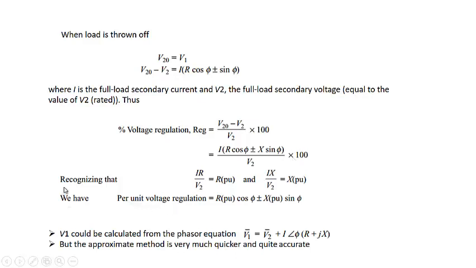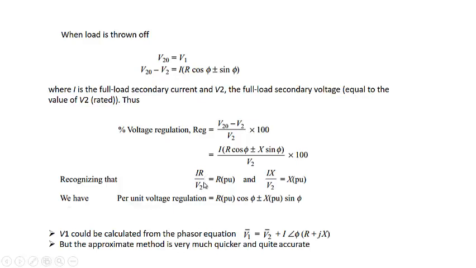In per unit, as we know, the R base can be calculated by the voltage base divided by the current base, and the voltage base is usually the rated voltage. So V2 is already rated, and the current base is also taken as the full load current. So V2 divided by I will be the R base or Z base.